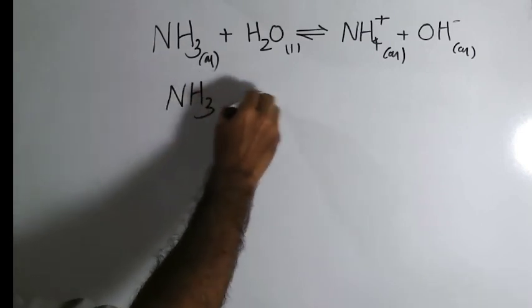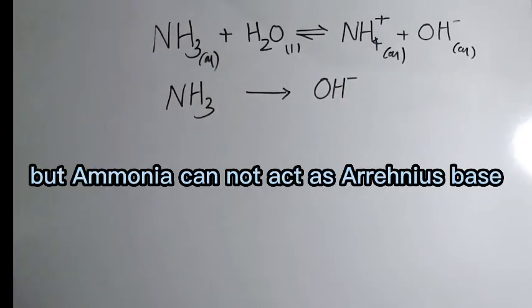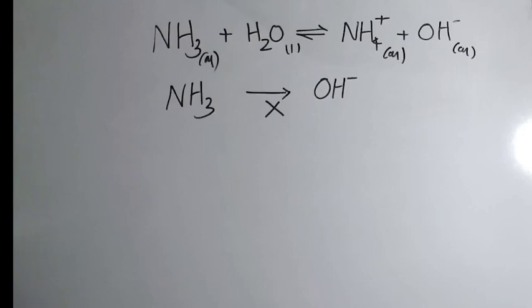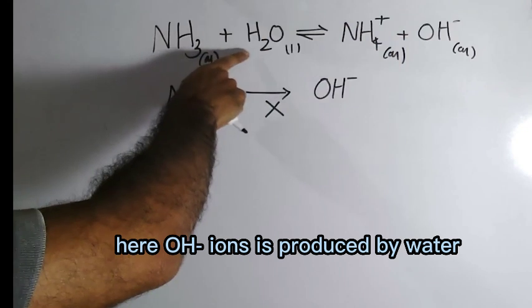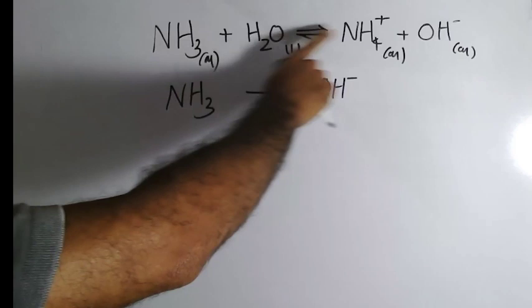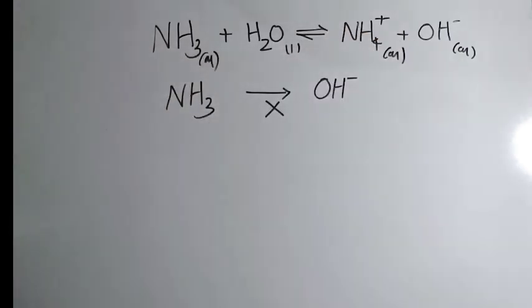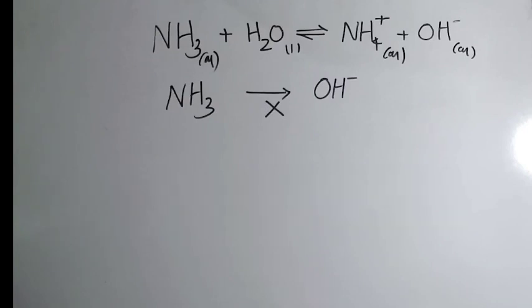But ammonia cannot produce hydroxyl ion to the medium like sodium hydroxide. Then we can say it cannot act as an Arrhenius base, because an Arrhenius base should be capable of producing hydroxyl ion into the medium. If you consider this reaction, even though it produces hydroxyl ion, ammonia has accepted a proton from water. As a result of that reaction, hydroxyl ions are produced. To become an Arrhenius base, that species should be capable of producing hydroxyl ion directly to the medium.